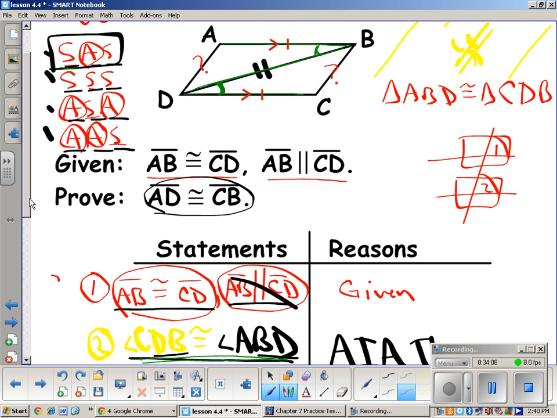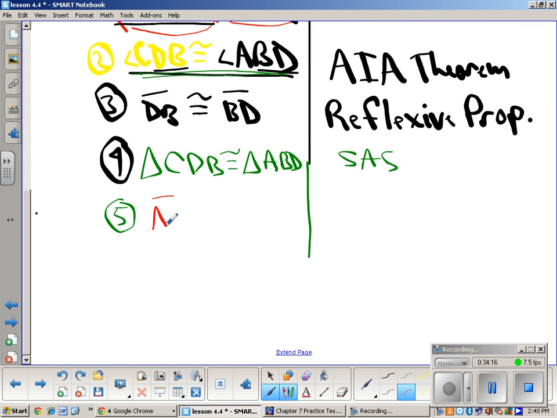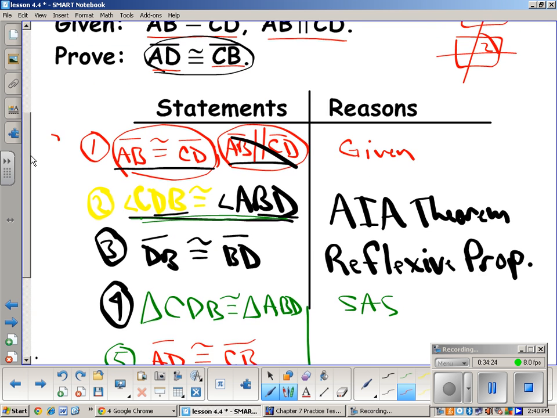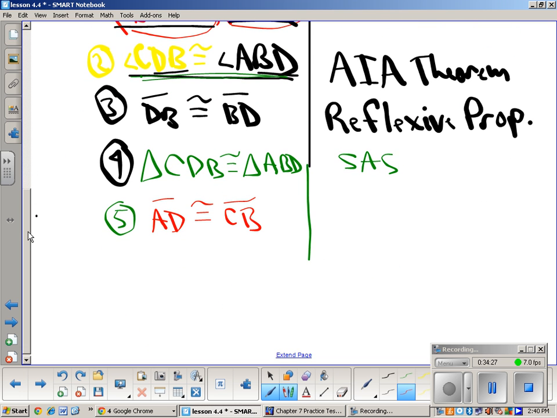So I can say then that segment AD is congruent to segment CB. By what rule? What rule are we studying today? We lost sight of it with all the other stuff we did. There you go. CPCTC: corresponding parts of congruent triangles are congruent.